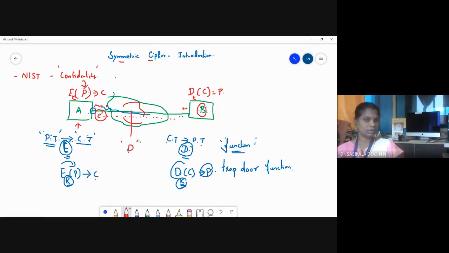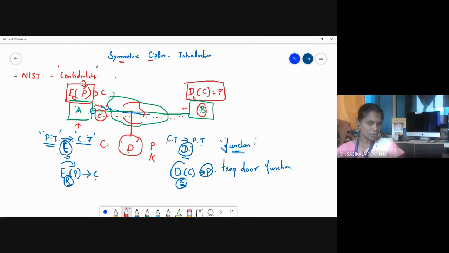From the hacker or intruder perspective, from the given C, the adversary needs to recover the plain text or find out the key. Transformation of plain text to ciphertext is known as the encryption algorithm. Transformation of ciphertext to plain text is known as the decryption algorithm.